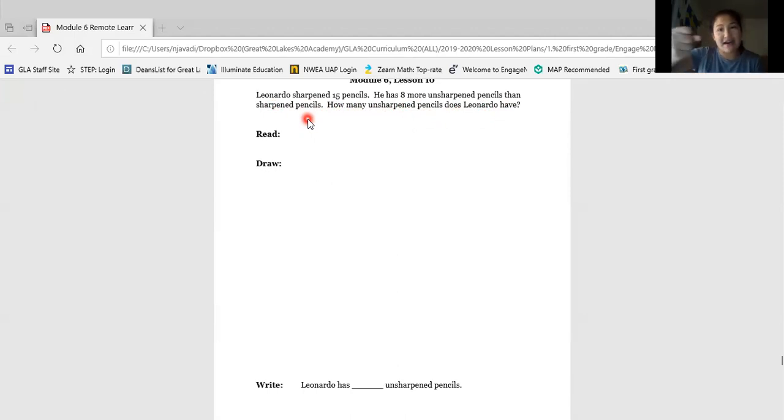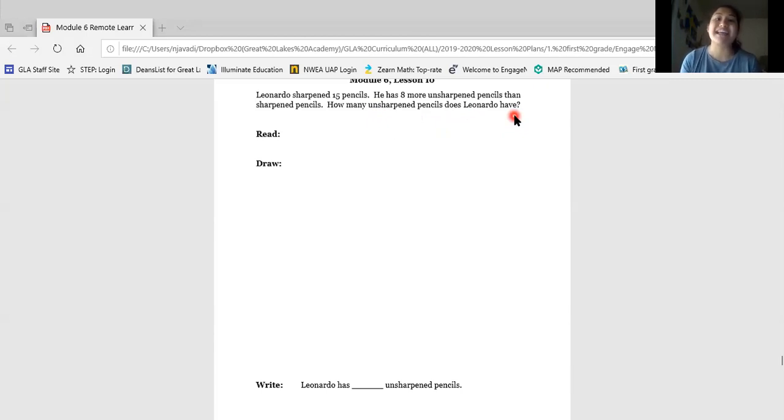We know that he also has some unsharpened pencils, but he has 15 sharp and 8 more unsharpened ones. How many unsharpened pencils does Leonardo have? So remember that he has 15 here, and he has the same number here, but then also 8 more. So you need to find how many unsharpened pencils Leonardo has.